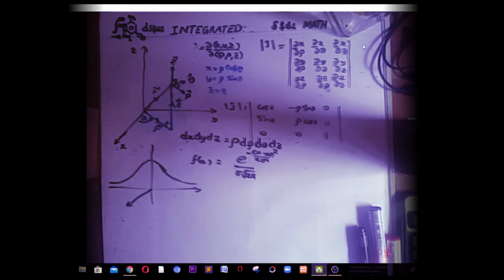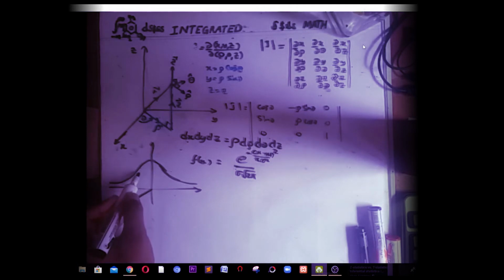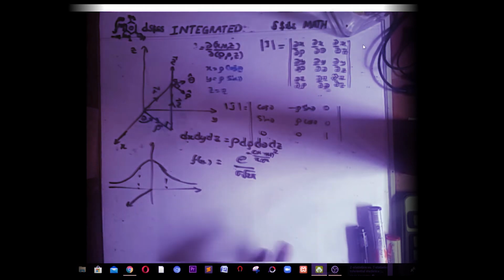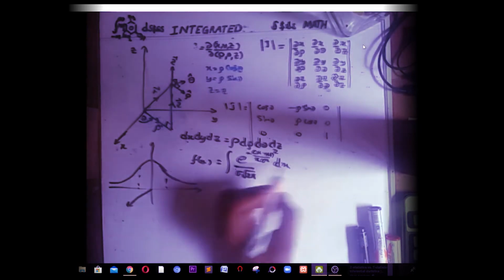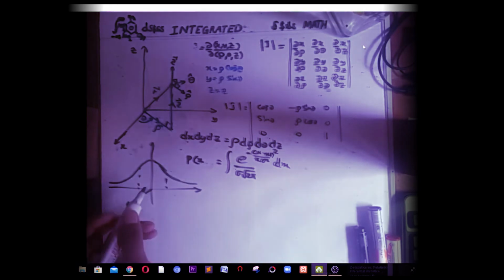If you need to evaluate the probability over any interval, what you need to do is get the integral of both sides. This becomes p of x, from minus infinity to plus infinity.